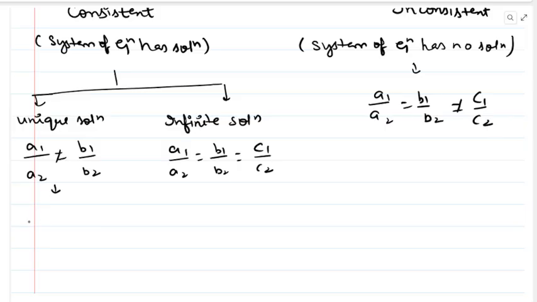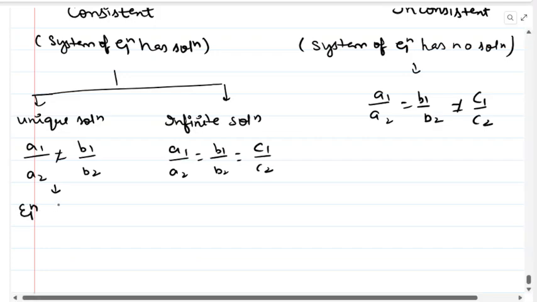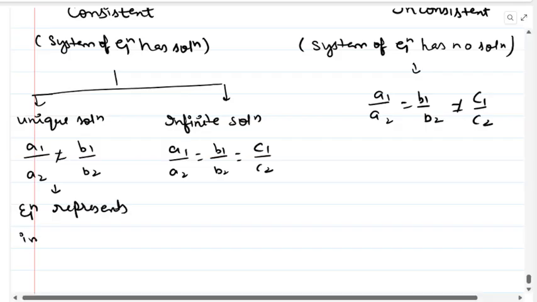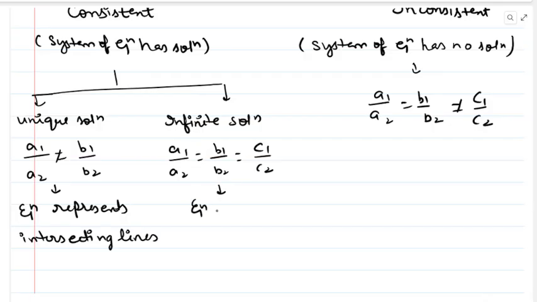Now what does this represent? In this part, the equation represents intersecting lines. And in this, the equation represents coincident lines.